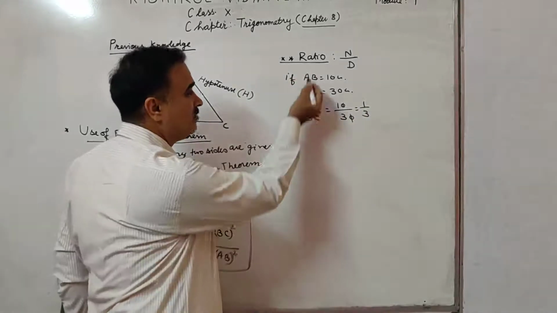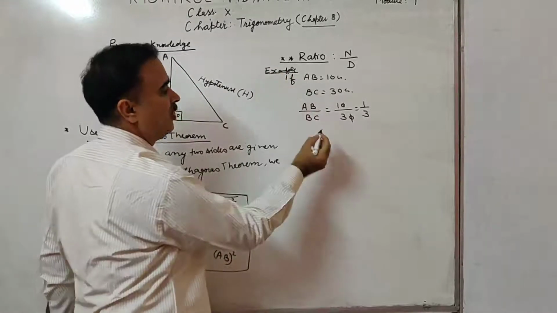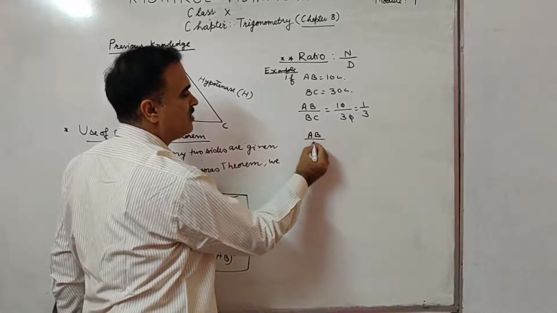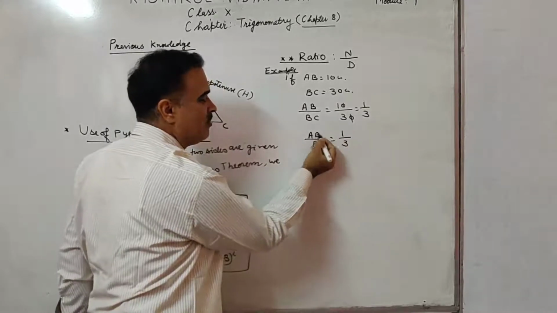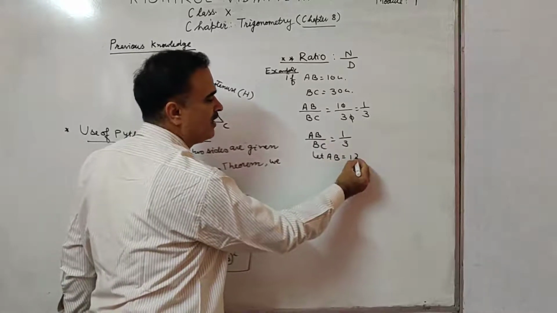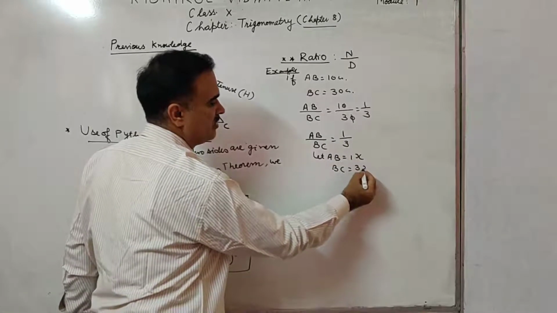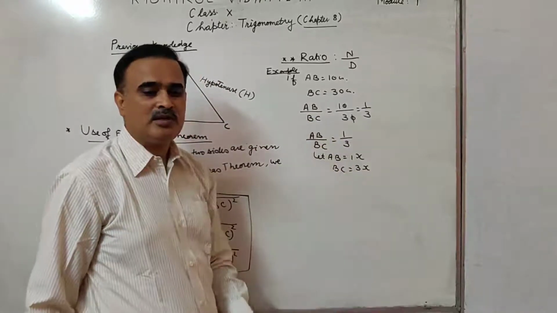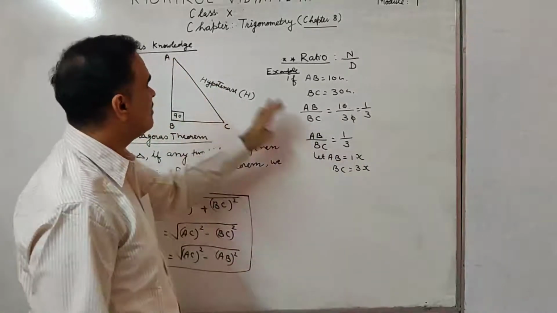When ratio is given, if AB upon BC equal to 1 by 3, then you don't know what AB is, so you always take AB equal to 1x, or you can say x, and BC equal to 3x, and then start. Always take x in ratio. So these are some simple basics.